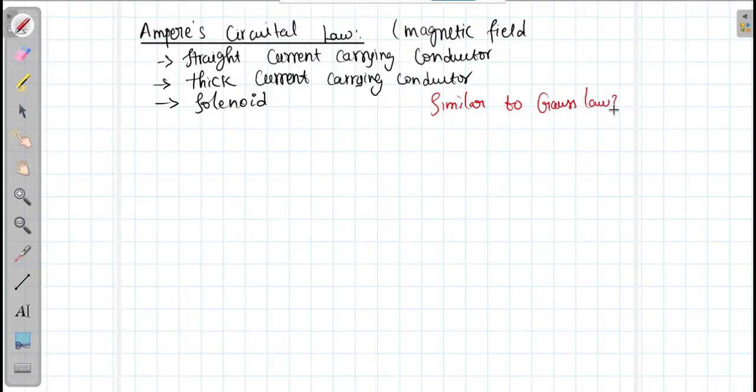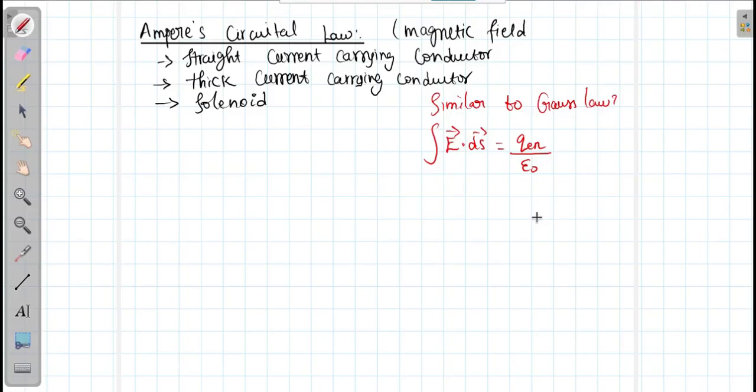What is Gauss law? Do you remember? The surface integral of the electric field over the surface is equal to Q enclosed divided by epsilon naught.